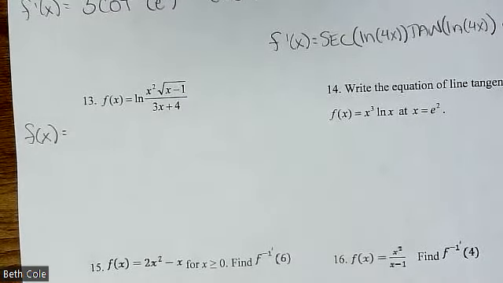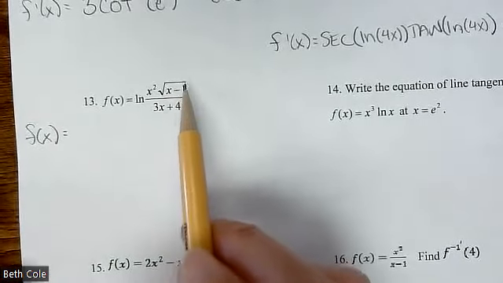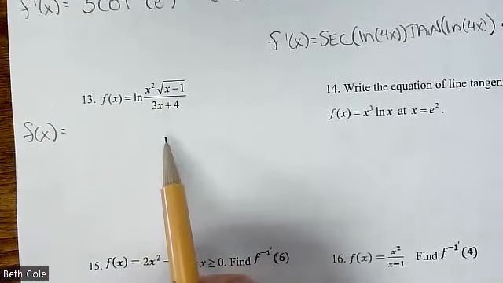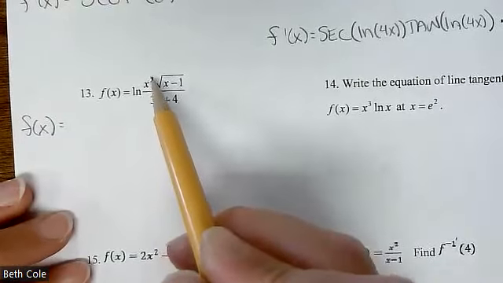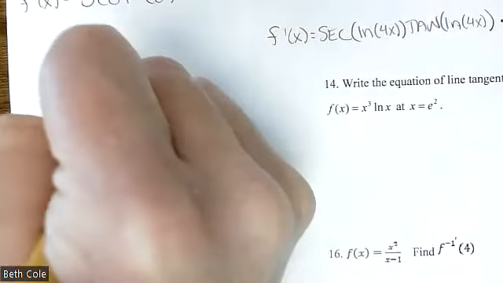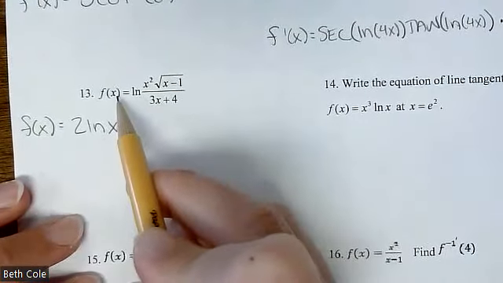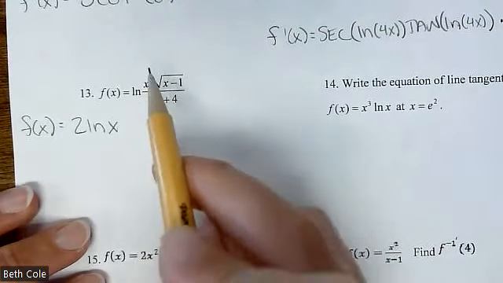Now, this involves remembering stuff from last year in pre-calc. Do you remember positive stuff is on the top, negative stuff is on the bottom, and you can take the exponent and put it out front? Sort of. You're nodding your head. Okay. So this first part would be 2 ln of x. I took the 2 out front, ln of x.